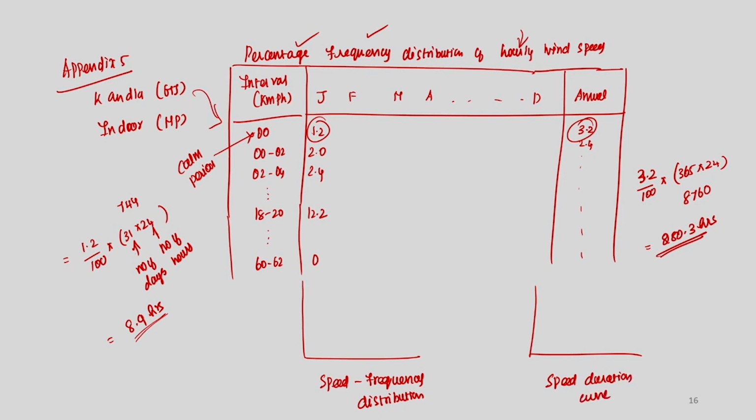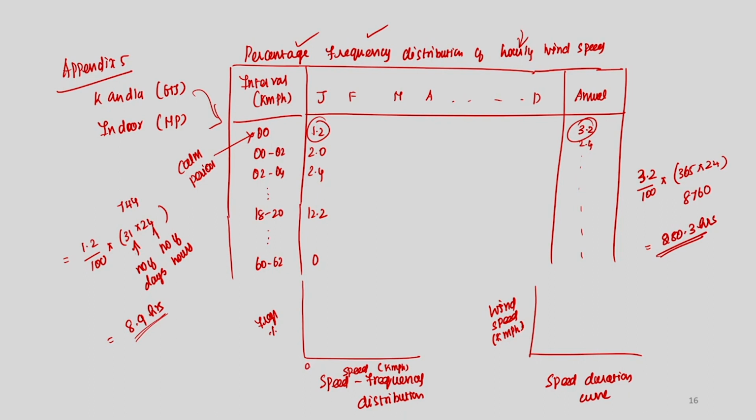In the speed frequency distribution, frequency percentage is on the y axis, while in the speed duration curve, wind speed is on the y axis, which is nothing but kilometers per hour. The x axis in the speed frequency curve is speed, which is nothing but kmph.